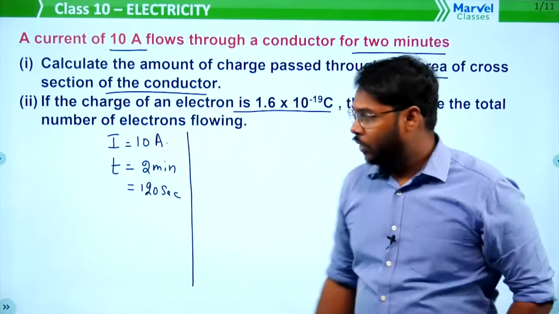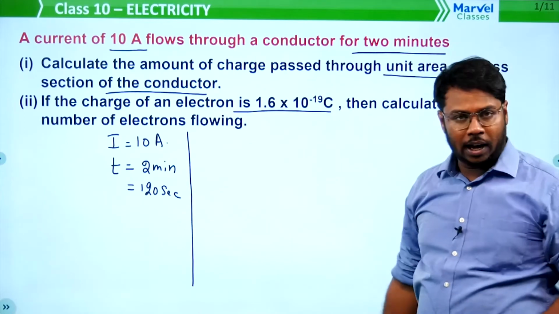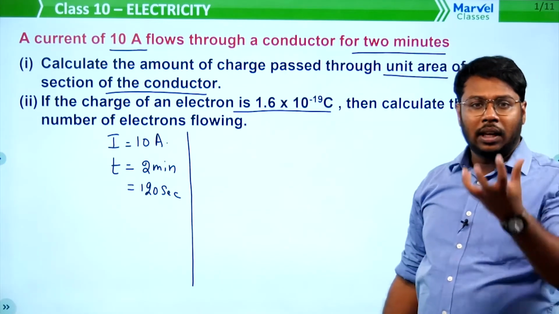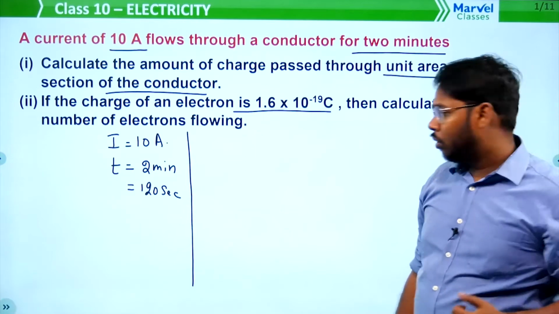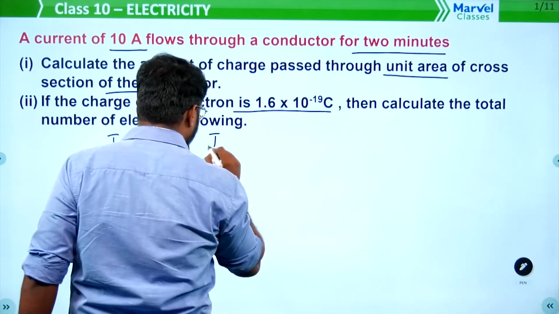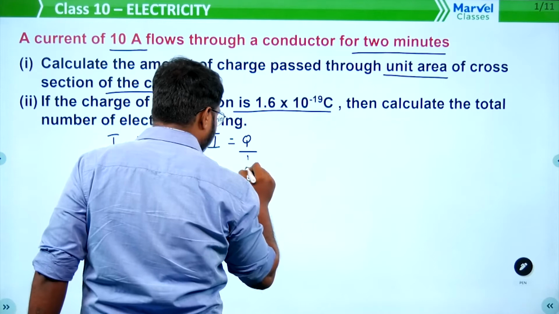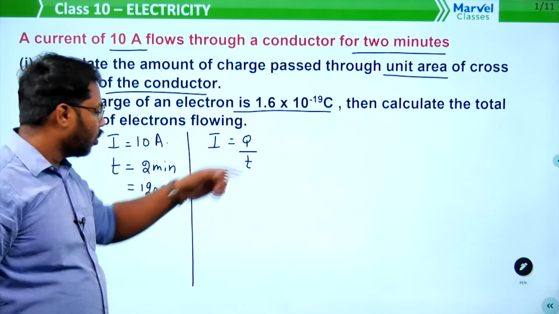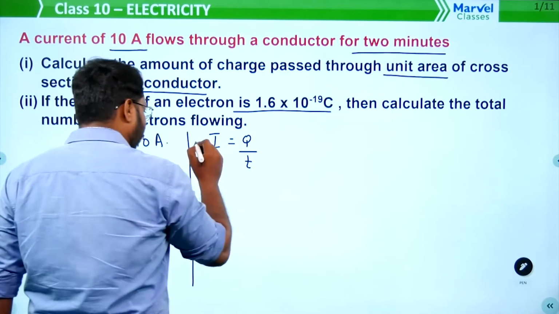In the first scenario they are asking for the amount of charge. I is equal to Q by T, and Q is the one we are asked to find.